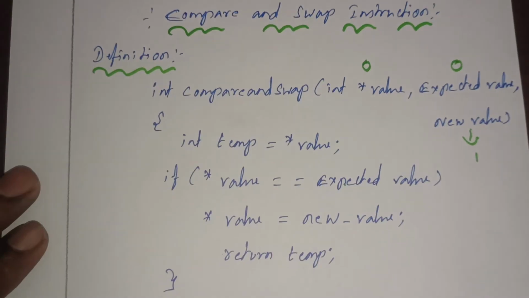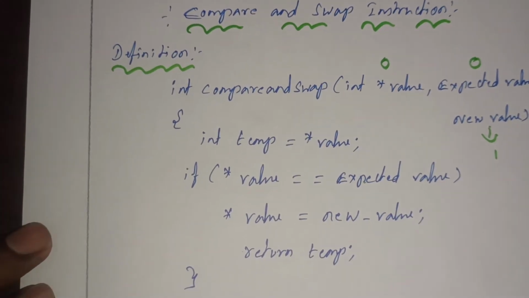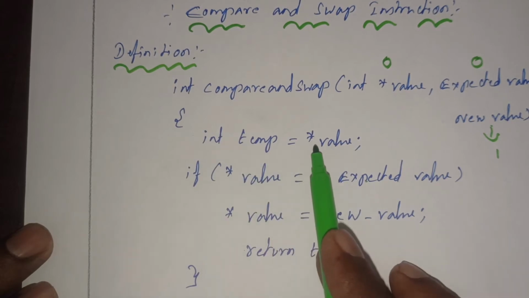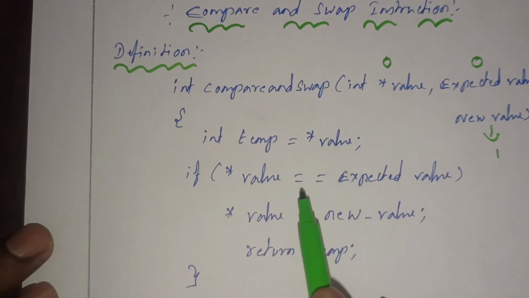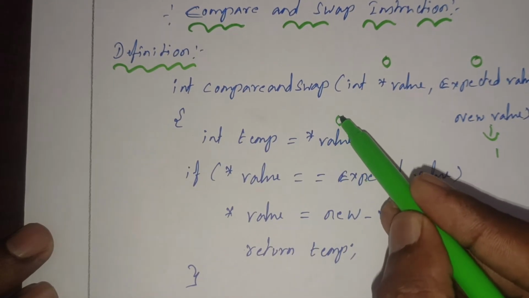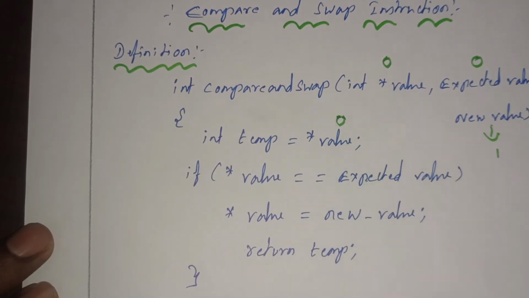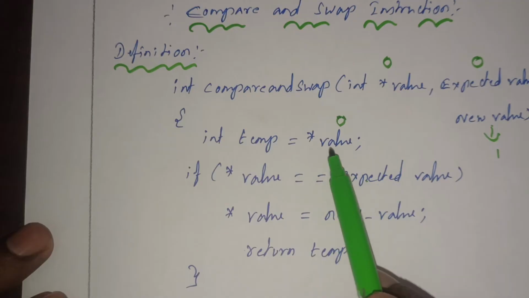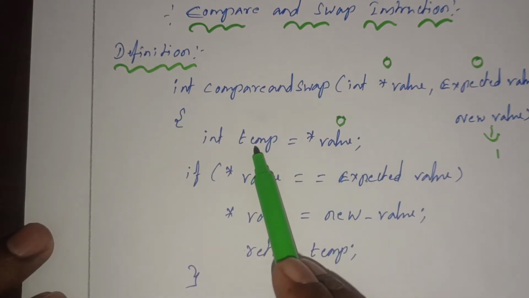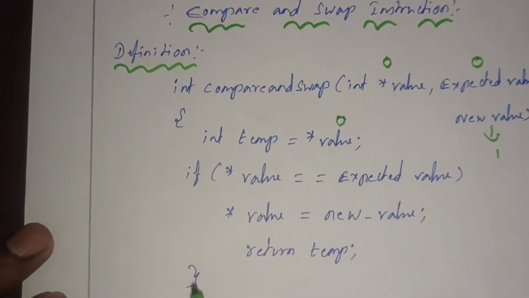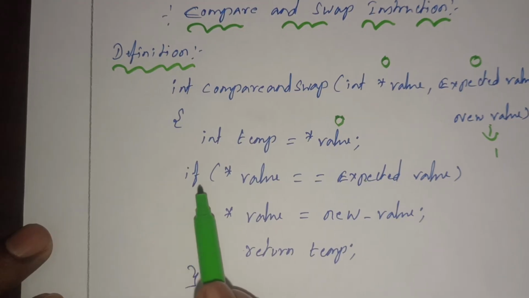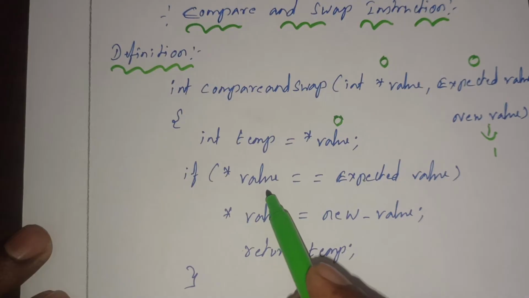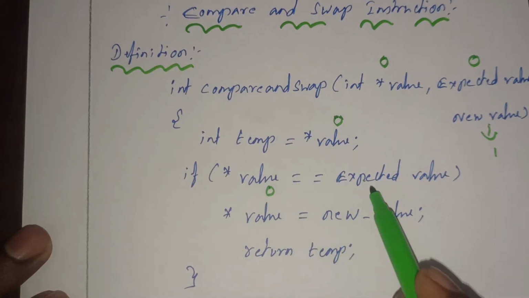Let me explain with one basic swap technique how it is exactly working. Now, integer temp is equal to pointer value. Say, for example, initially the pointer value is 0, as I mentioned already. Whatever is in the pointer value will be copied into temp. Now, if the pointer value is double equal to the expected value, that means 0 is equal to 0.